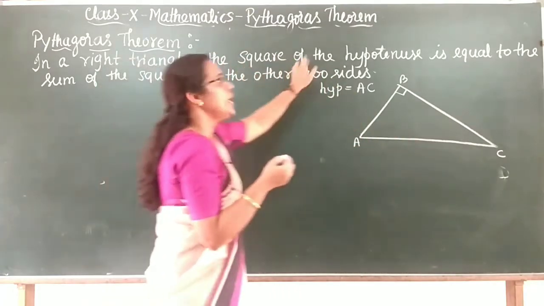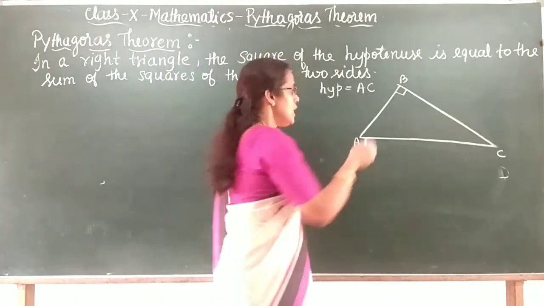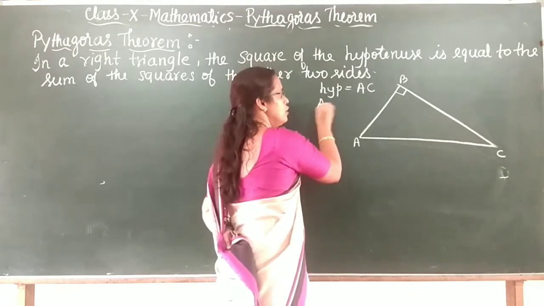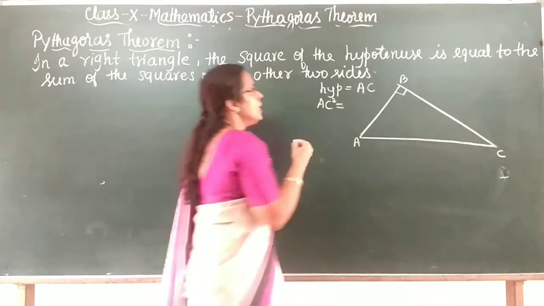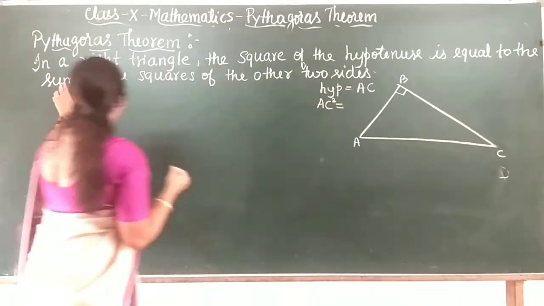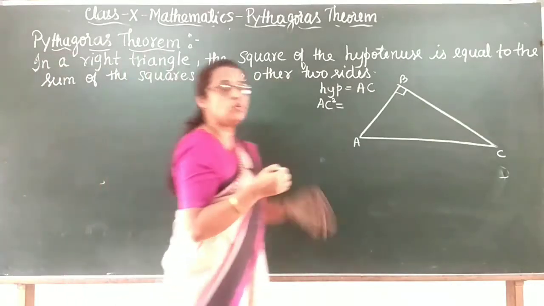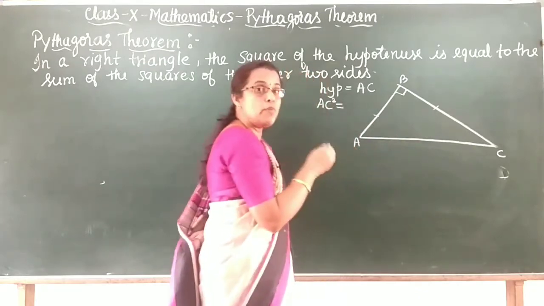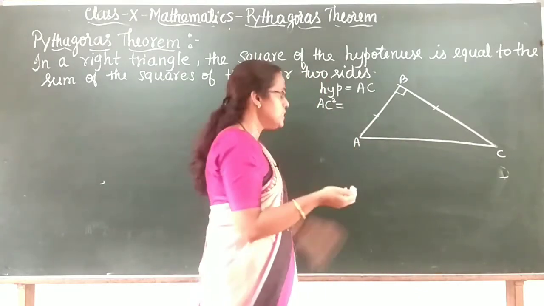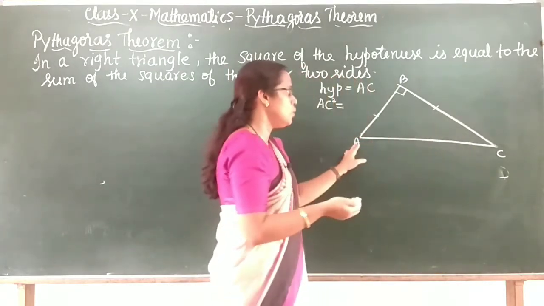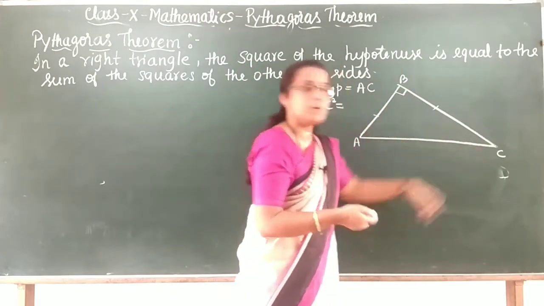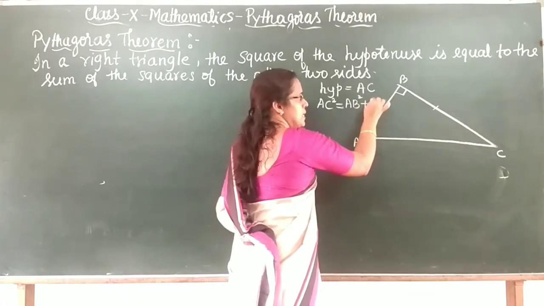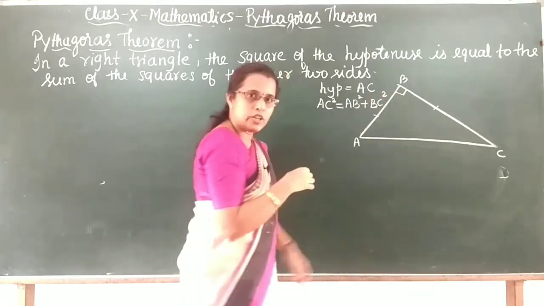So the hypotenuse is AC. Then see, the square of the hypotenuse means what? AC is the hypotenuse. Square of the hypotenuse means AC square is equal to the sum of the squares of the other two sides. Which are the other two sides here? This and this, right? So AC square is equal to AB square plus BC square. Is it okay, children?